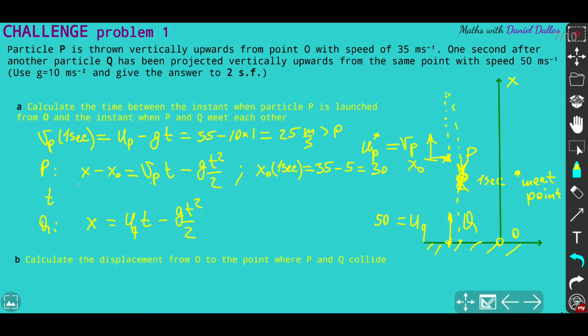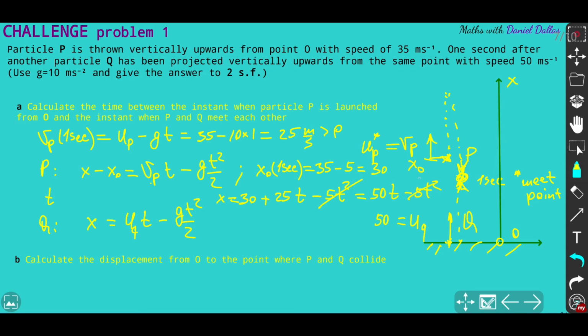Okay, so let's move next. It's going to be 30, and we plug into the formula and equate both x's. So we have the following: 30 plus 25t, minus g over 2, which is minus 5t squared. That's the left side when x is expressed through it. Next, x here is going to be U_Q, so it's 50t, minus again 5t squared.